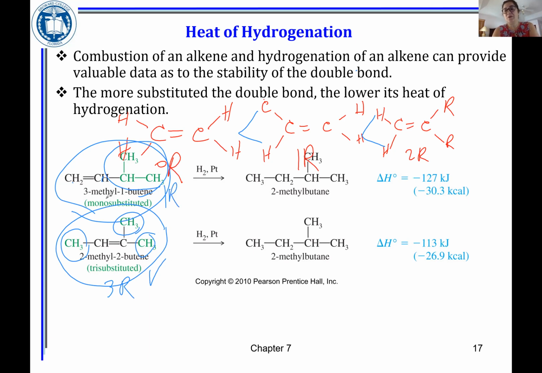How do they find out that the bottom molecule, 2-butene, is more stable than 1-butene? It is because the heat of hydrogenation, the amount of heat that is being released, is lower. That means this molecule is more stable.